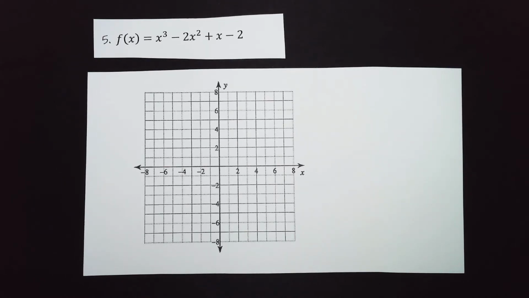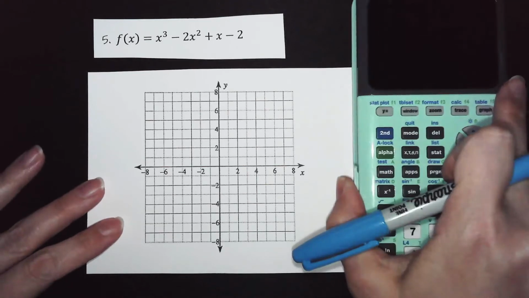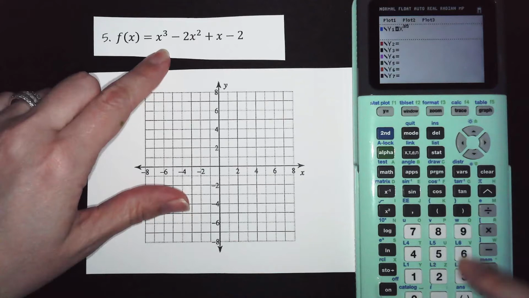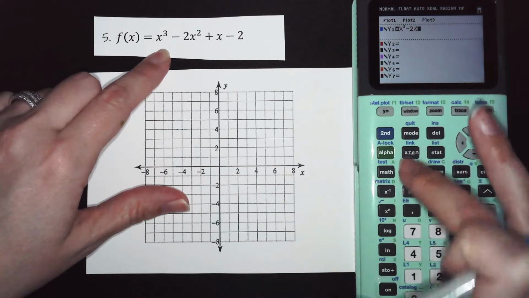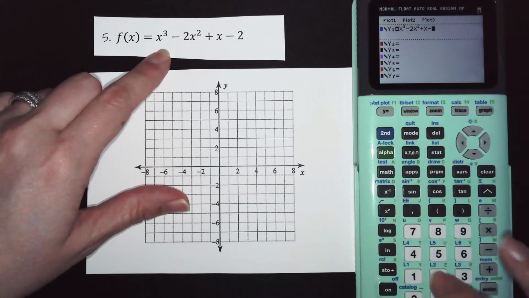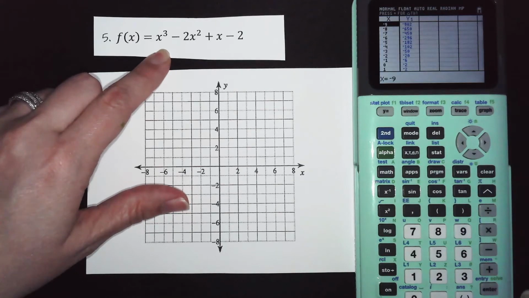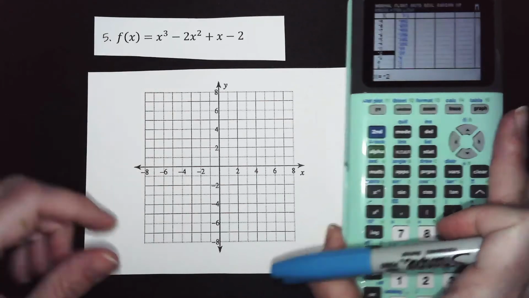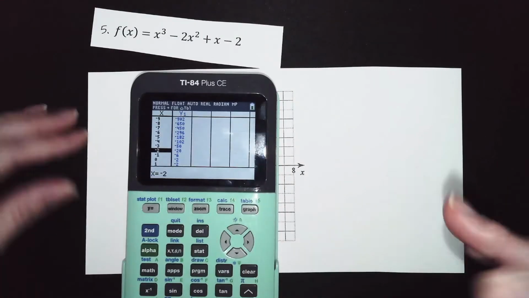I'm going to use the calculator and just get a table quickly. I type this function in and get a table. -2 is off my table, so I'm going to cover up my graph for a second.